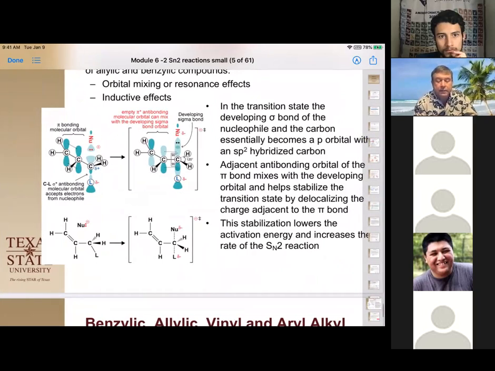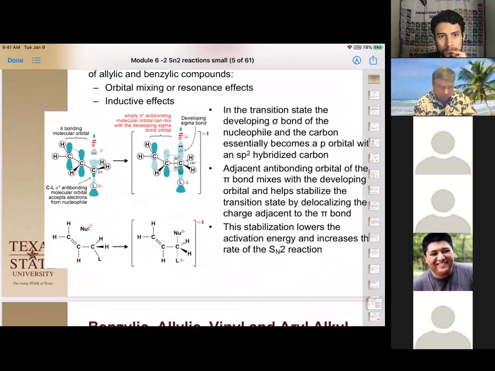Those pi's next to that now trigonal planar transition state stabilize it. And we're going to talk a lot about that stabilization when we talk about carbocations in elimination reactions.